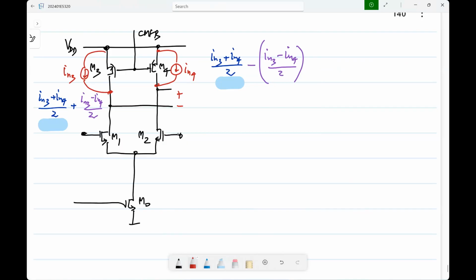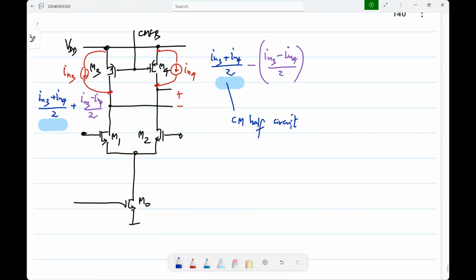So you are concerned only with the differential component of the noise.